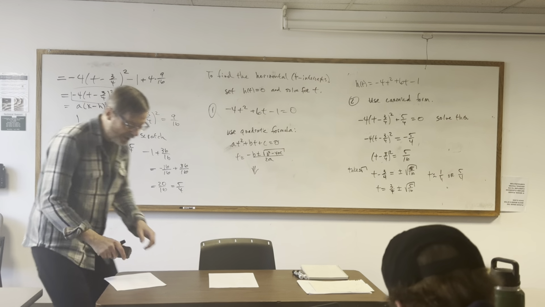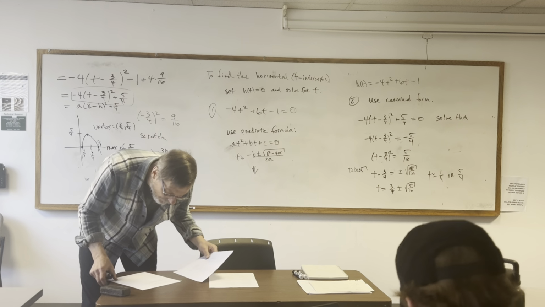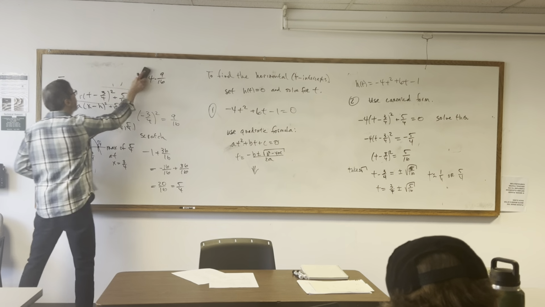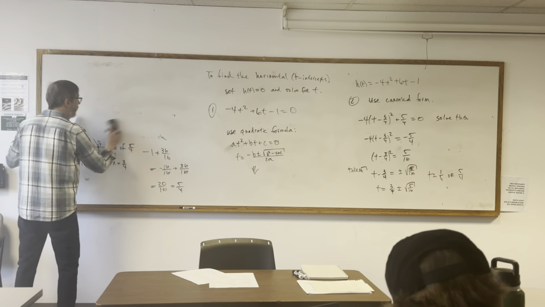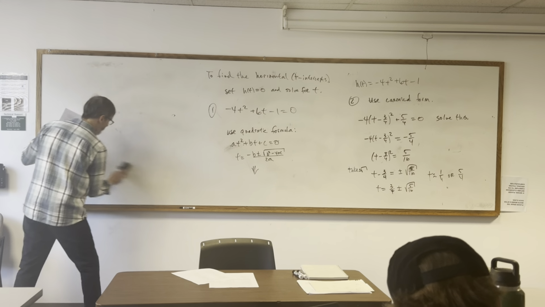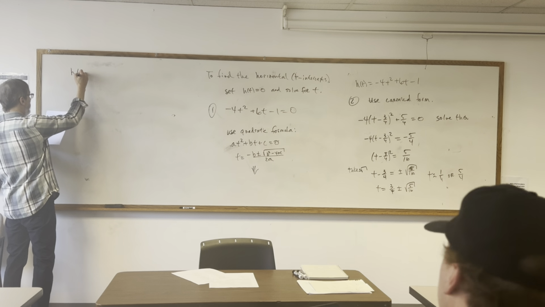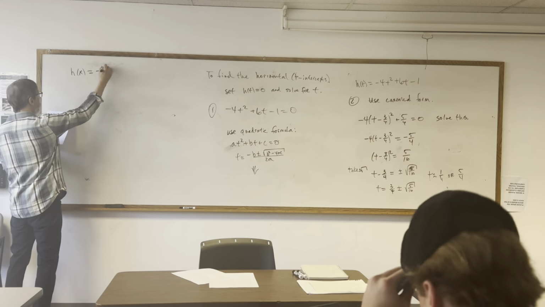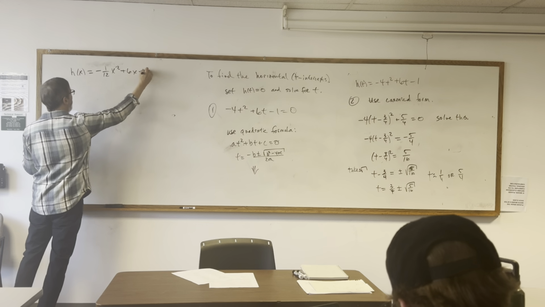Let's do one last problem together, or maybe one for the first time. Let's do a little bit of a word problem. Put this stuff to use. So I've got a ball I'm throwing, and the height of the ball is given by h of x equals -112 x squared plus 6x plus 3.